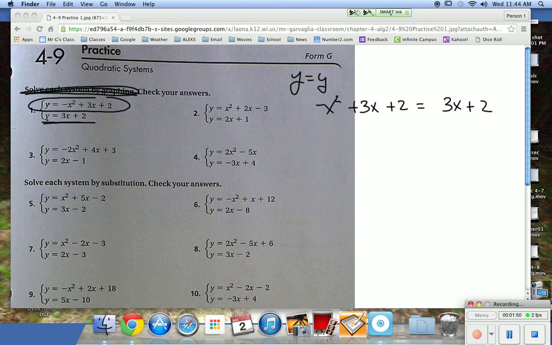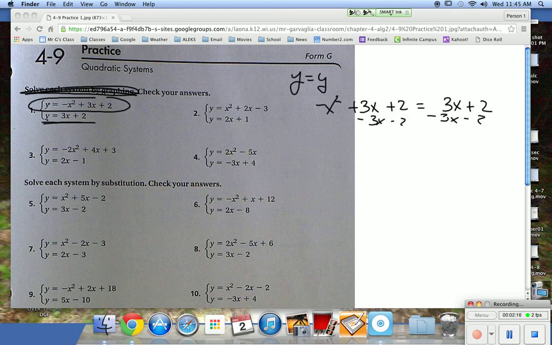So now I'm going to bring my 3x over and your 2 over. What do I end up with? Negative 4x squared? Well, you subtract 3x. Minus 3x, minus 3x, and a minus 2 and a minus 2.